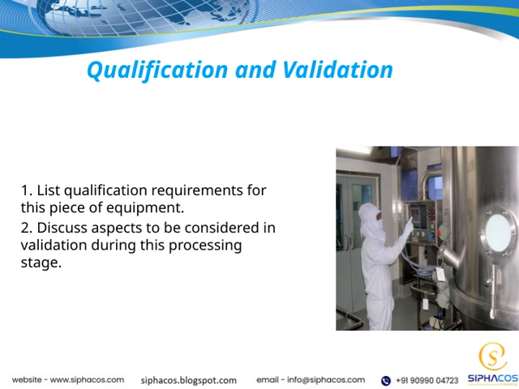Moving on to validation during this processing stage, we want to consider several key aspects. Validation isn't just a one-time check. It's an ongoing assurance that the equipment consistently performs as intended. We focus on parameters such as accuracy, precision, and reproducibility. It's also crucial to evaluate factors like operational limits, maintenance procedures, and potential risks that could impact performance.